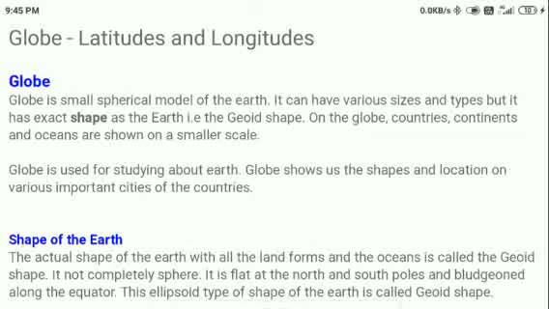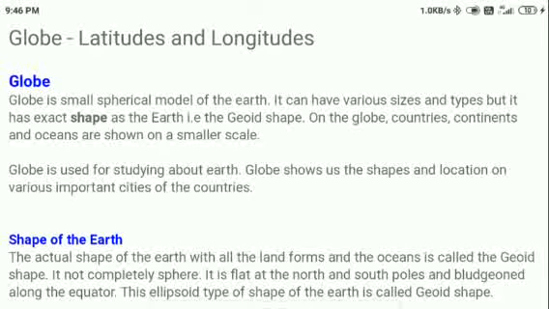So the globe is the replica or the model of the earth, because whenever we are going to study about the earth, or if we are looking at various places in any country, since the earth is very big, it is convenient to use the globe, so that we can have an idea about the various places, the important cities wherever they are present in the countries.